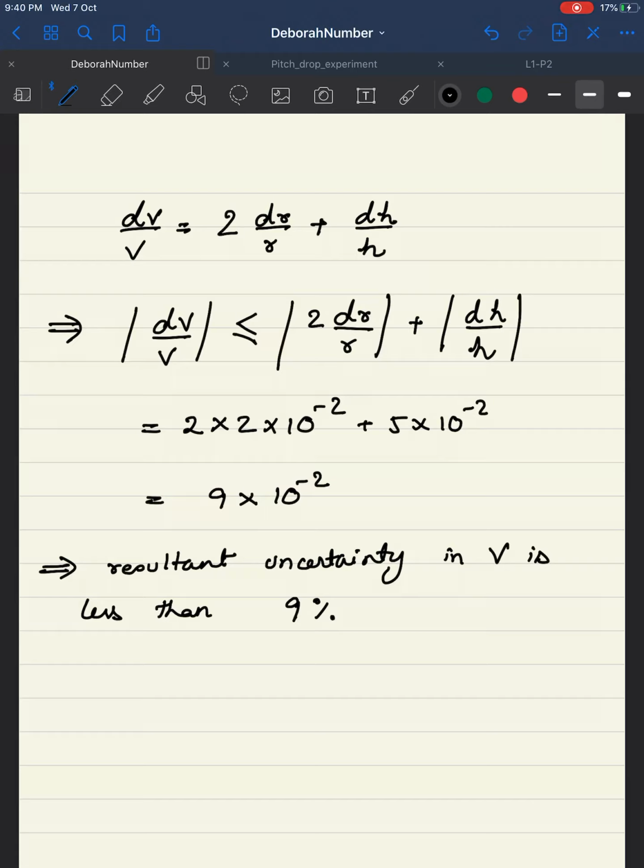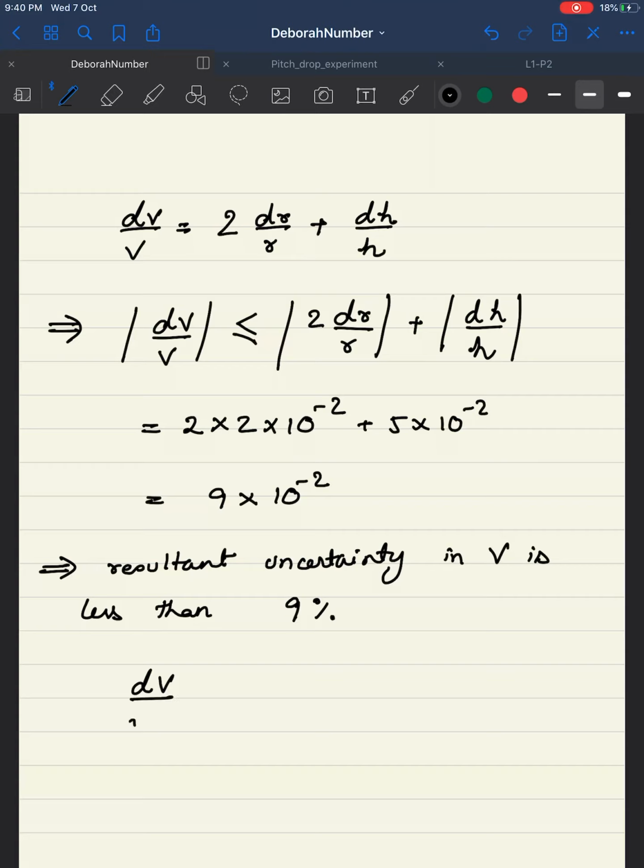Now, this is one way to estimate. See, this 2% is an error, which means it can be plus or minus 2%, and similarly here it can be plus or minus 5%. Some people prefer to estimate this using RMS values.